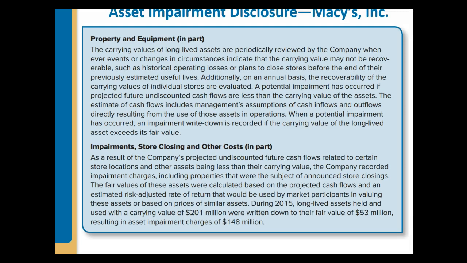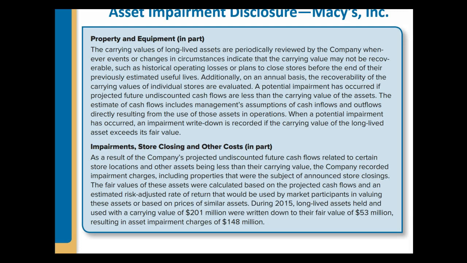Additionally, on an annual basis, the recoverability of the carrying values of individual stores is evaluated. A potential impairment has occurred if projected future undiscounted cash flows are less than the carrying value of the assets.